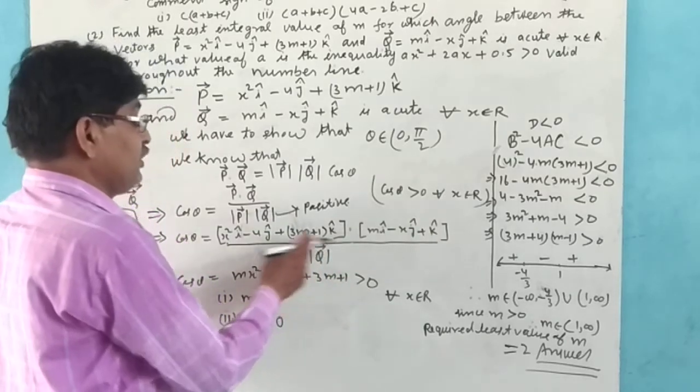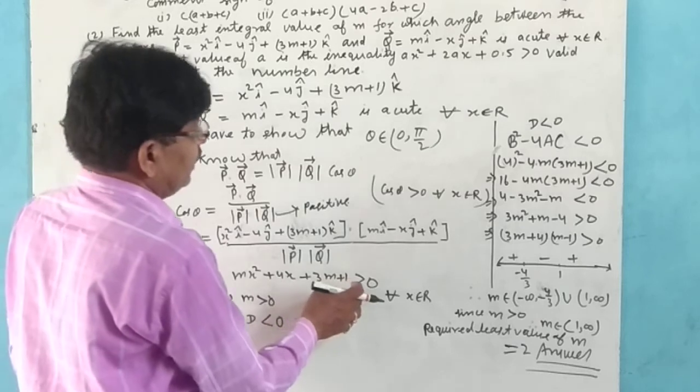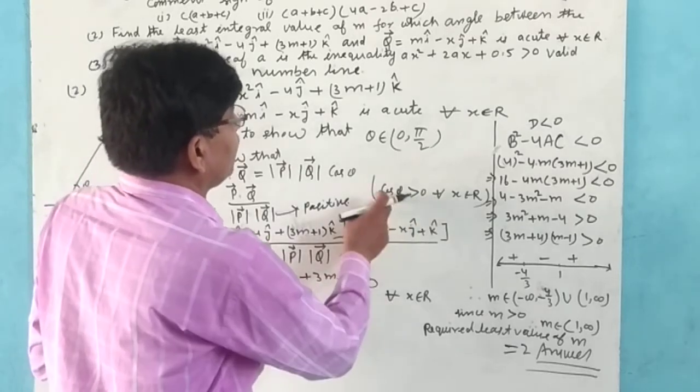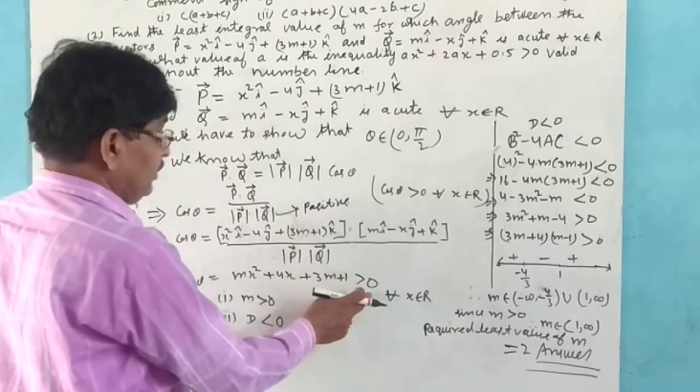This quantity is positive, so it is greater than 0, that is, cos theta is greater than 0.